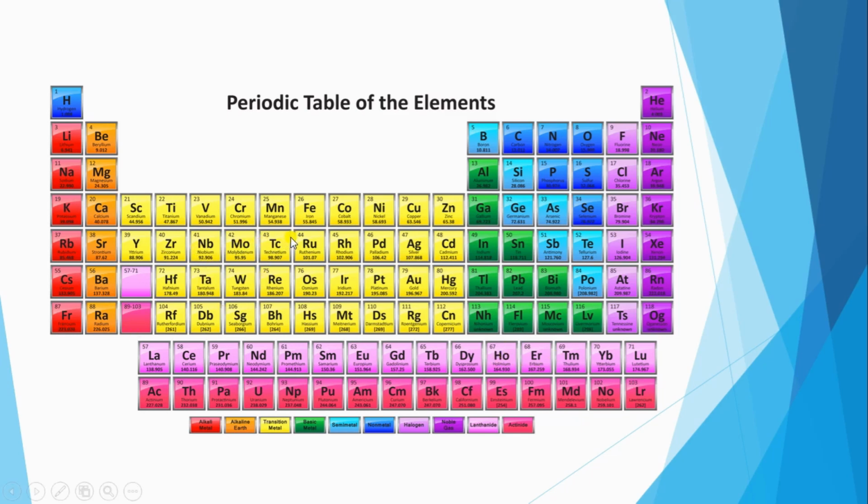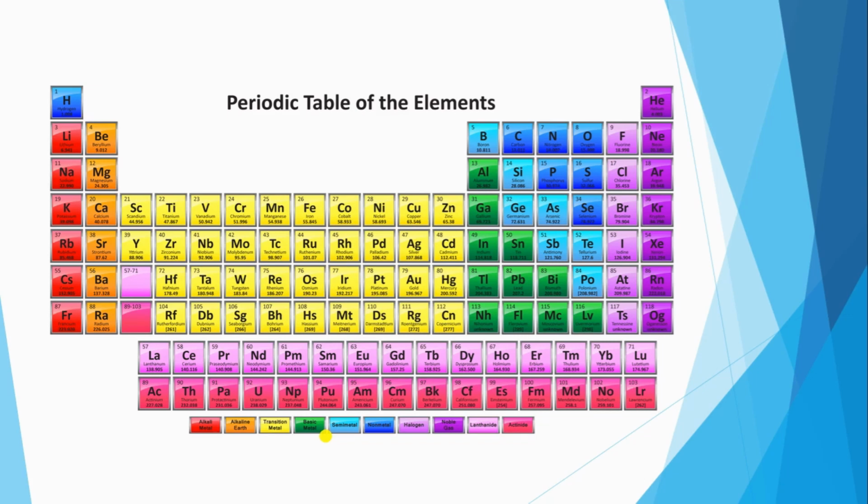You know there are 118 elements, from 1 to 118. We have to learn most of them: which group, which period they are situated in, their atomic number, atomic mass, etc. Is it possible to learn 118 elements in class 9?